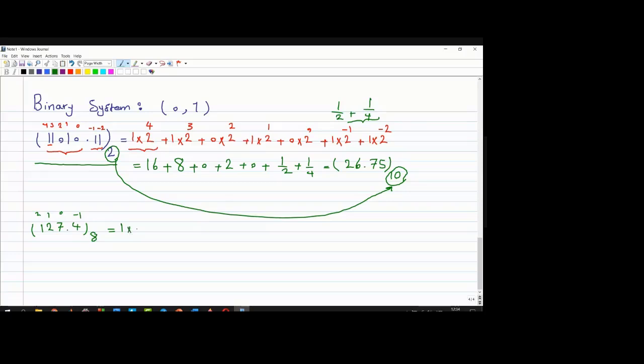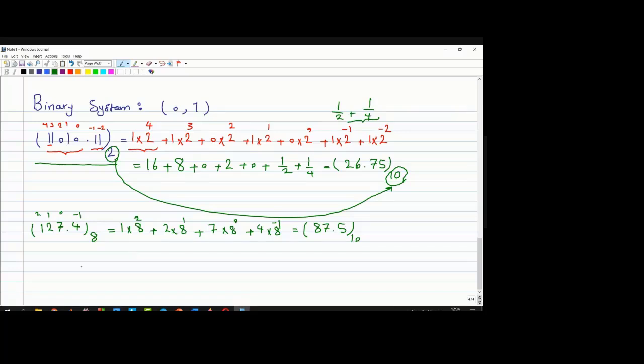So 1 times 8 to the power of 2, plus 2 times 8 to the power of 1, plus 7 times 8 to the power of 0, plus 4 times 8 to the power of minus 1, which is equal to 87.5 in base 10.